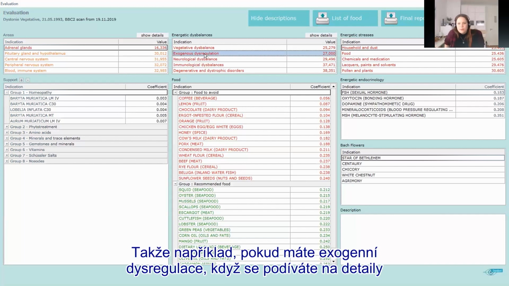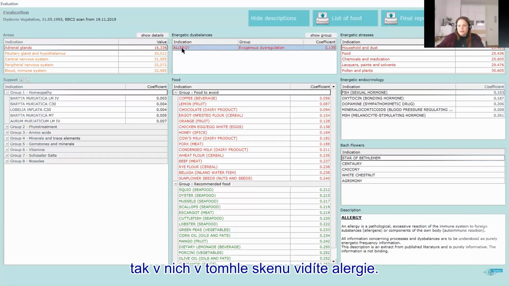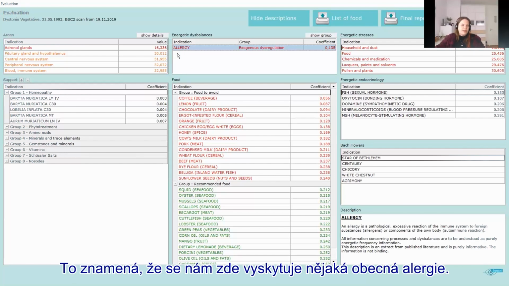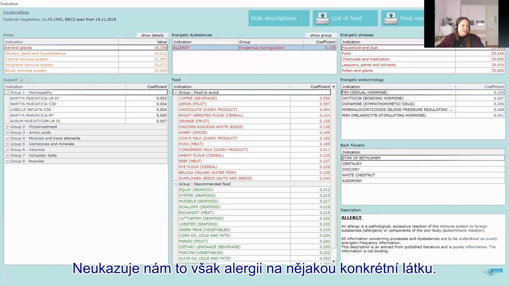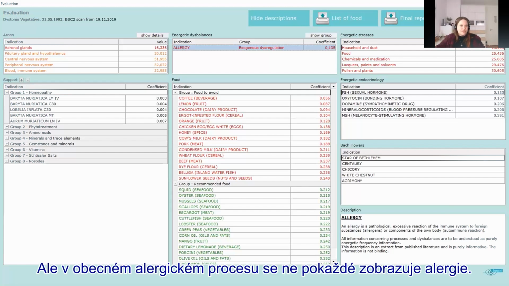So for example, when we have this dysregulation, when you show details in this scan, we have the allergy as information. This means that there's a general allergic occurrence. It is not showing an allergy against something specific, but that a general allergic process is there.